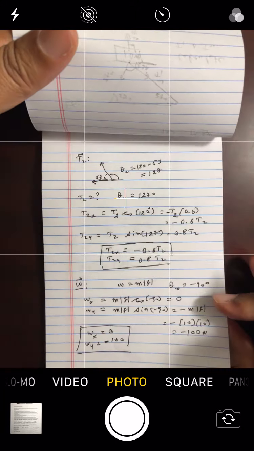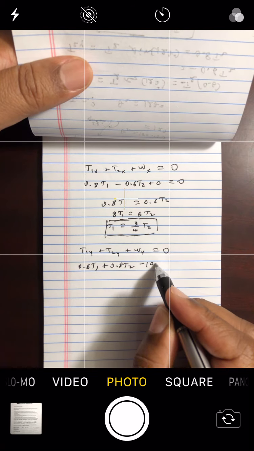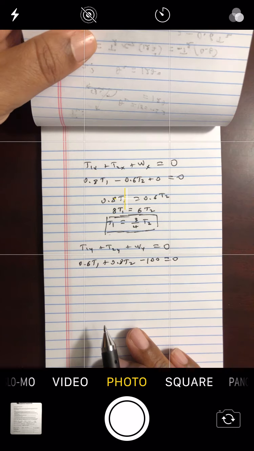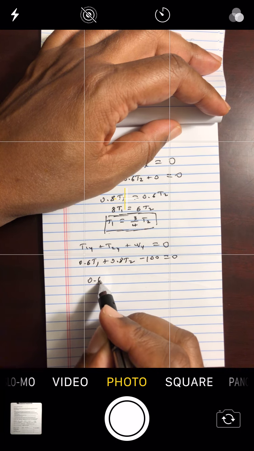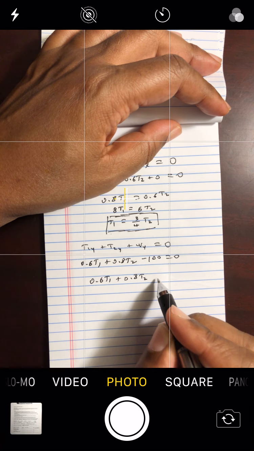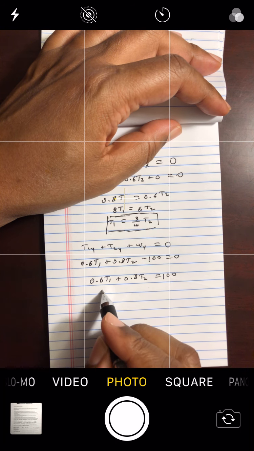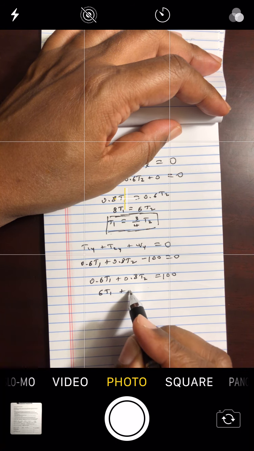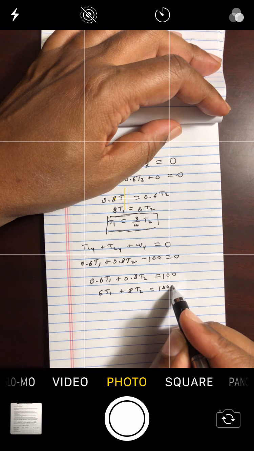How about Wy? Wy is negative 100. Negative 100 equals 0. So we have this equation, 0.6 T1 plus 0.8 T2 equals 100. If you multiply the whole equation by 10, we have 6 T1 plus 8 T2 equals 1000.